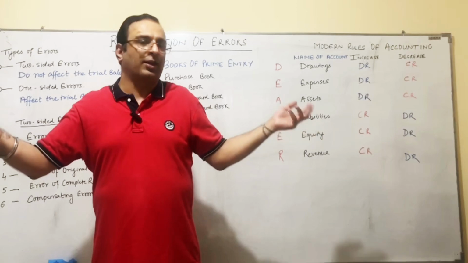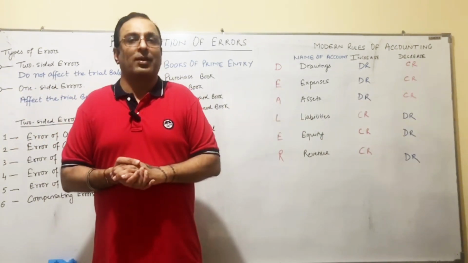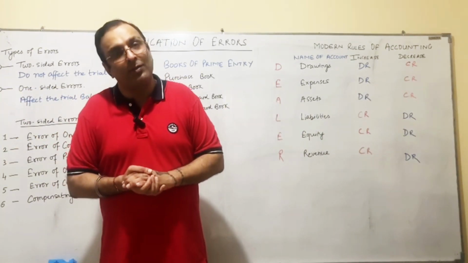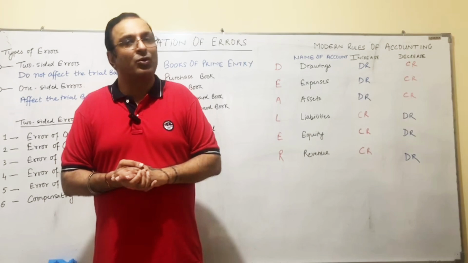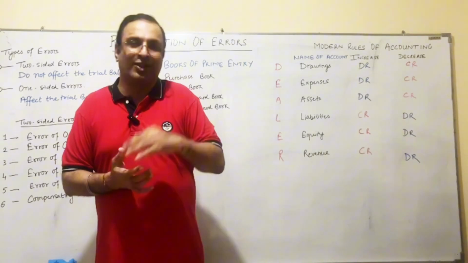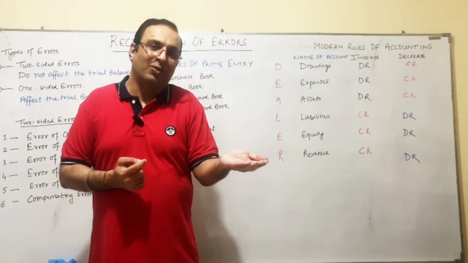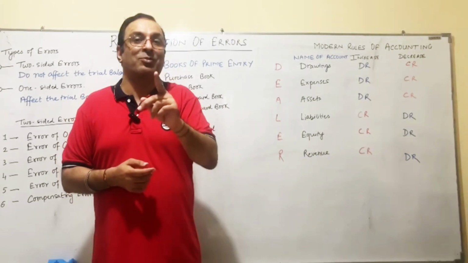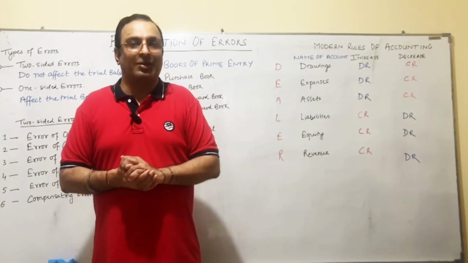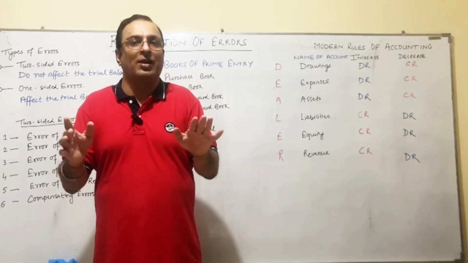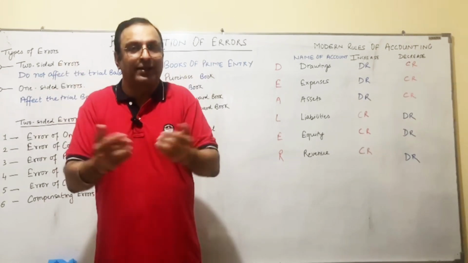We have done a mistake. That means we are not correct. But when the trial balance is equal, we do not know whether we have done a mistake still, or everything we have done is correct.